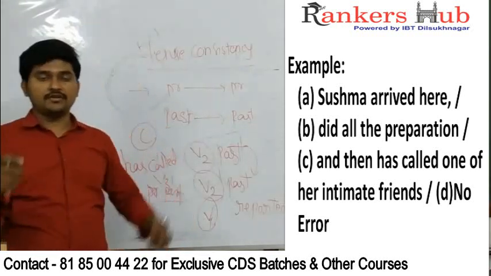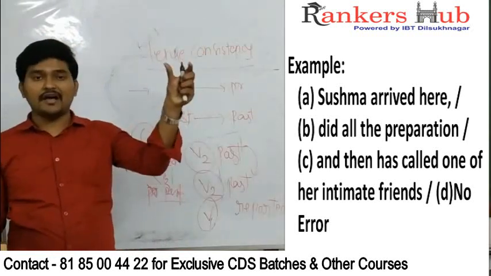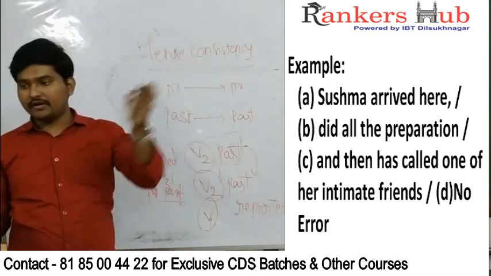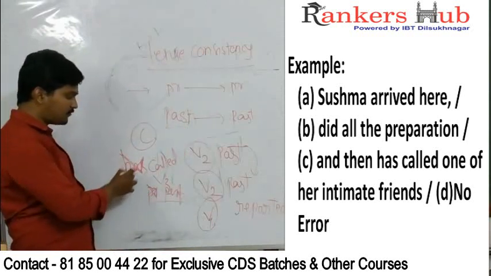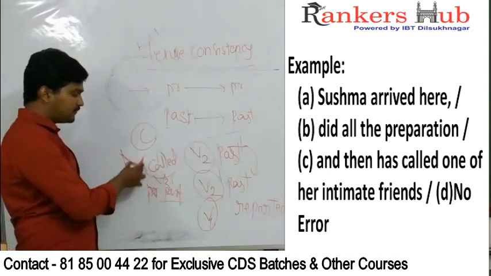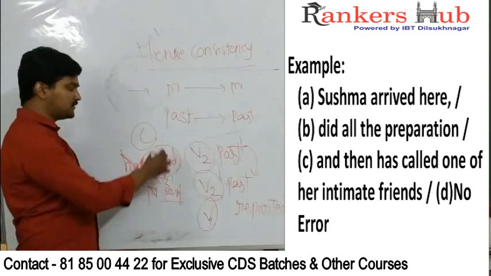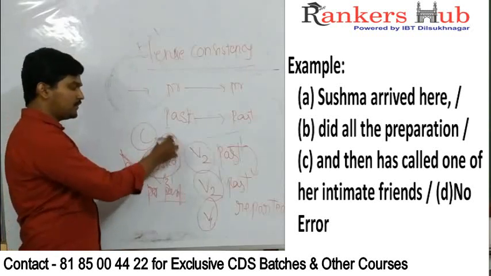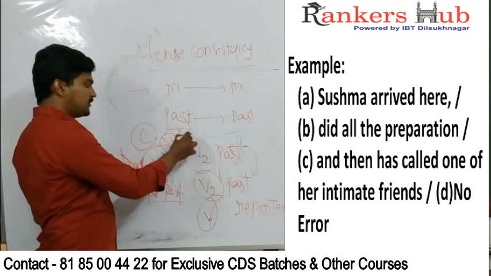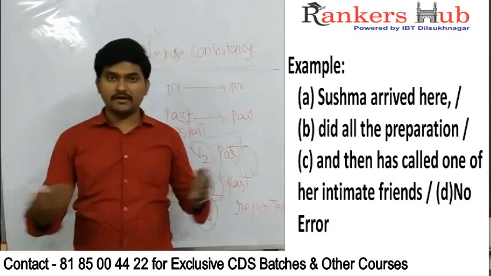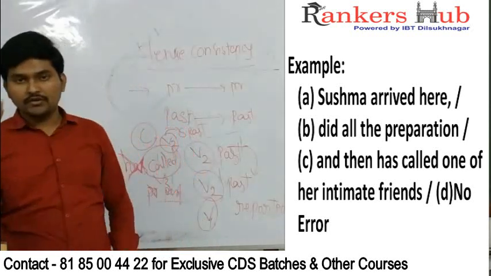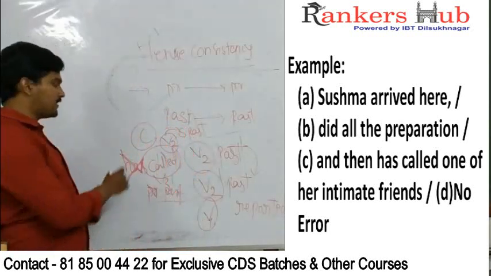Till the sentence began, like arrived, it is in past tense. When it continues till the end, it must be past. Has should not be there, so simply you have to remove this has and keep this in called mode only. That means it becomes V2, and it will be shifted to simple past tense. Thereby you maintain the tense consistency. So the error is definitely in part C again.